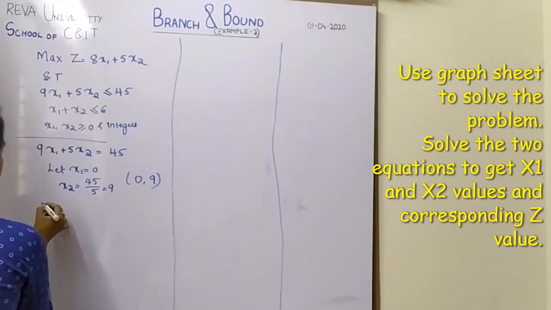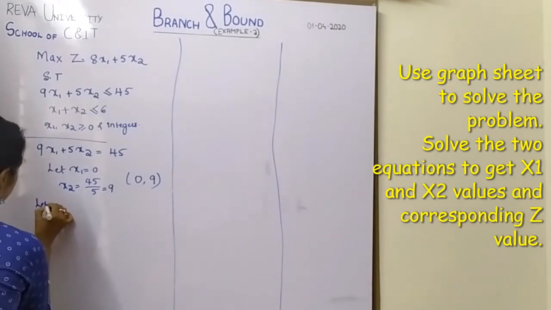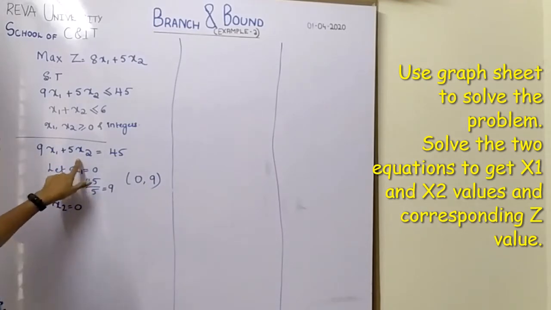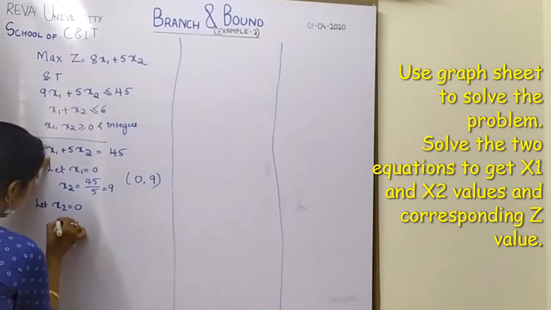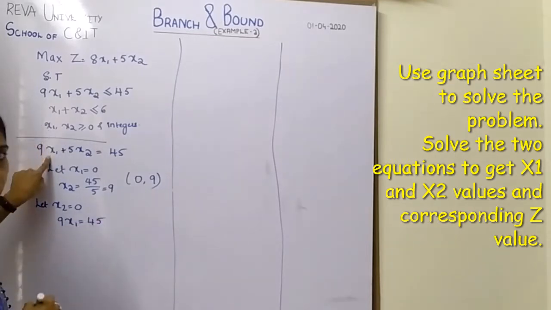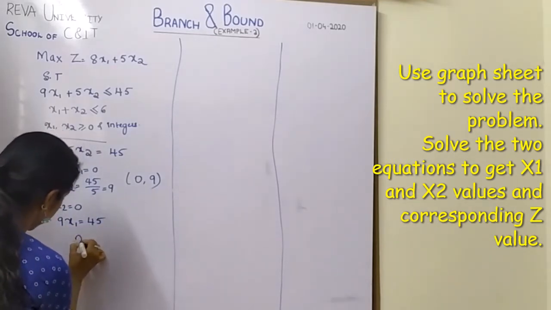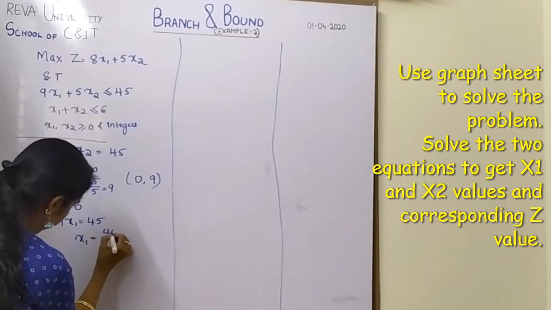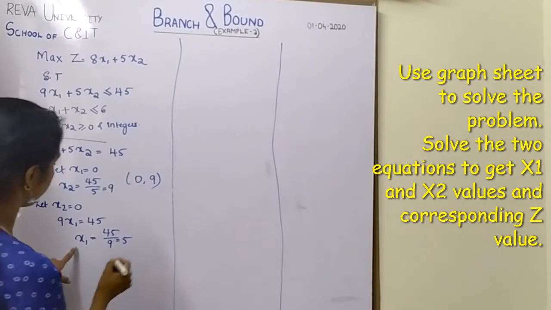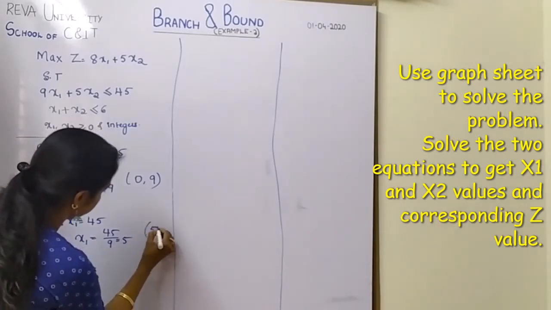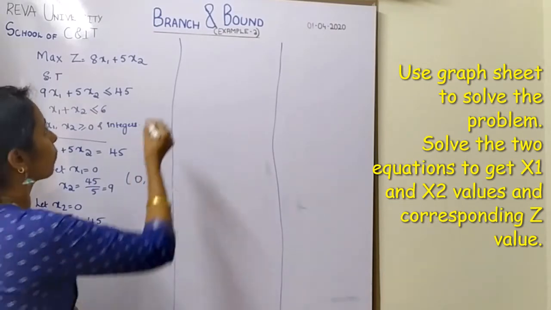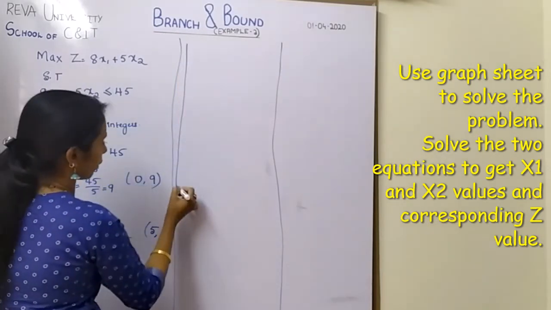Let's consider the second point. Let x2 equal to 0, then 9x1 equals 45. Therefore x1 becomes 45 by 9, which is 5. So the next point is x1 is 5, x2 is 0. (5, 0).